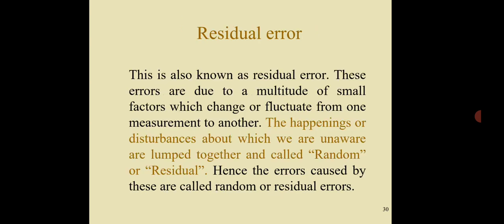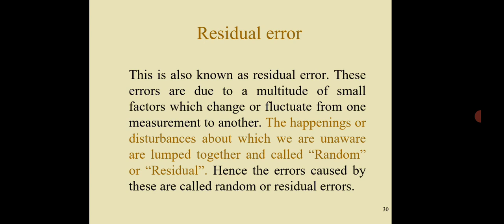Coming to the next error, which is known as a residual error. What do you mean by residual error? These errors are due to a multitude of small factors which change or fluctuate from one measurement to another. The happenings or disturbances about which we are unaware are lumped together and called random or residual errors.